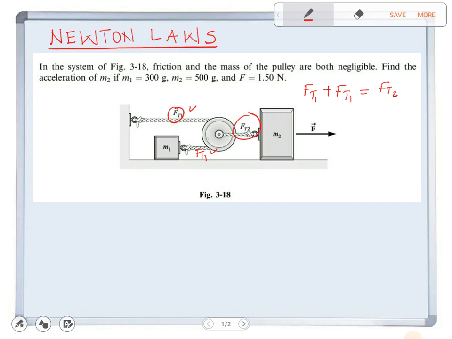I'm just talking about tensions, these three, which would be 2 Ft1 is equal to Ft2. So Ft1 is half of Ft2. Take note of this. So this is a single movable pulley, so we are going to apply that idea.